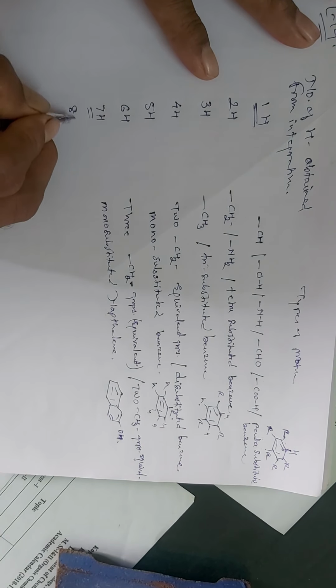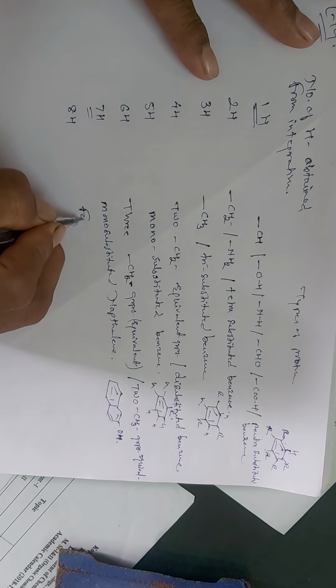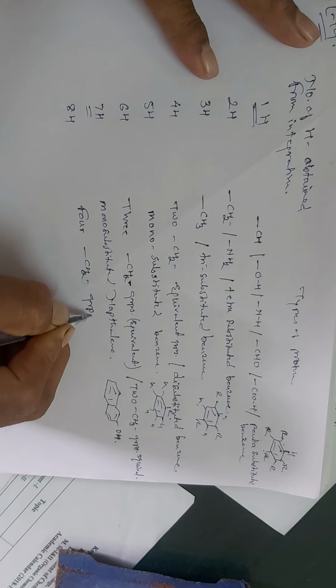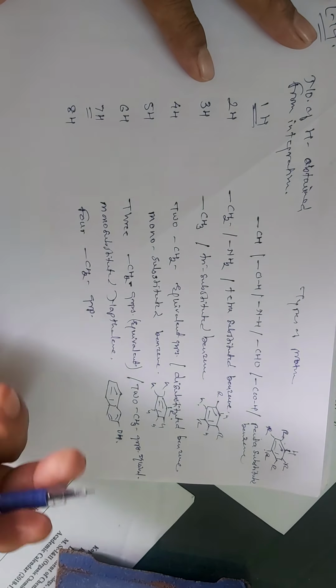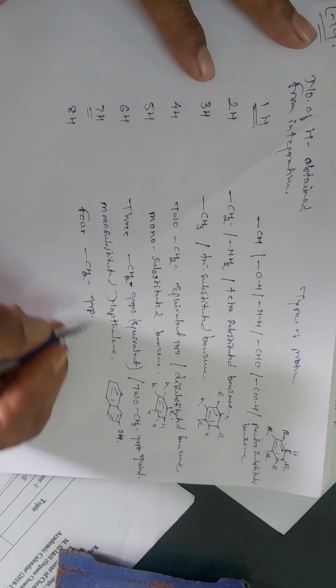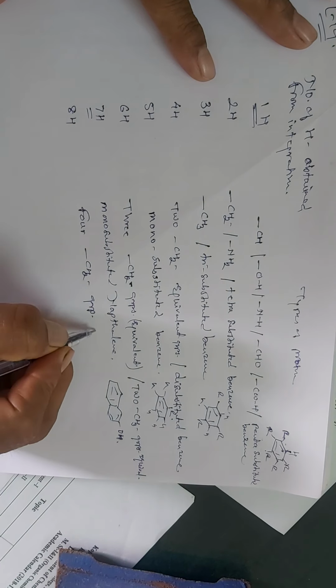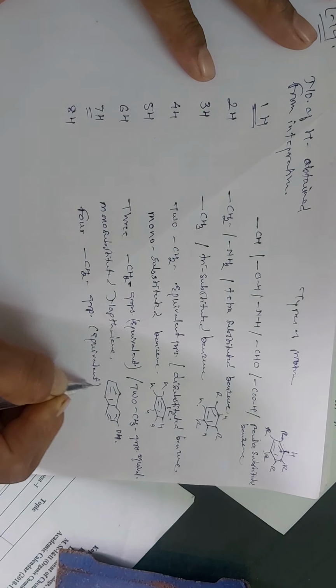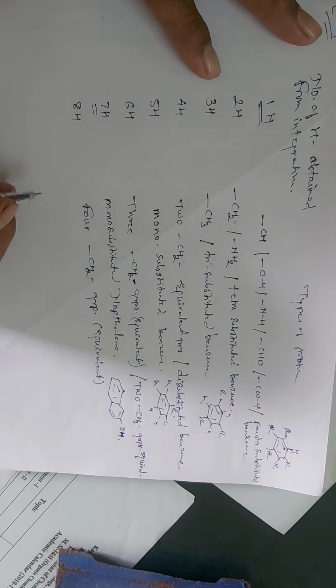For 8 protons you will get 4 CH2 groups, because there is no other group that can give you the signal for 8 protons. So there may be 4 CH2 groups which are equivalent, that is magnetically equivalent, means with the same electron density around that.